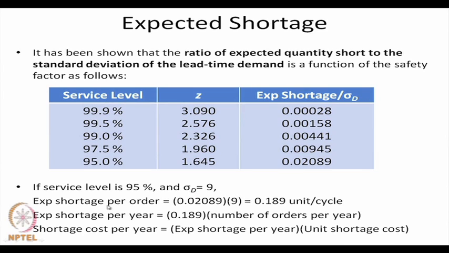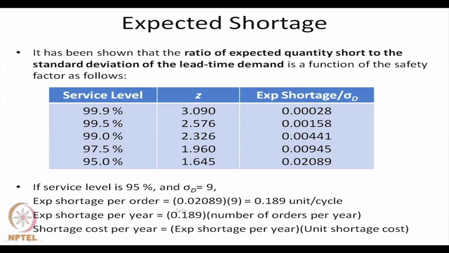That is the expected shortage per order, which comes to 0.189 unit per cycle. So, expected shortage per year is 0.189 into the number of orders per year.